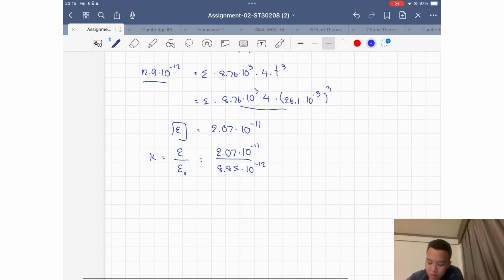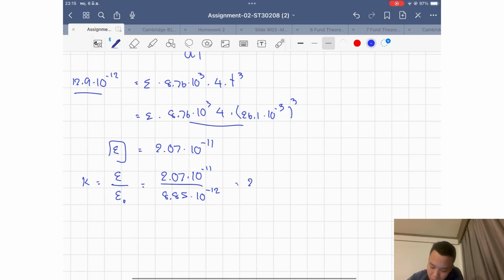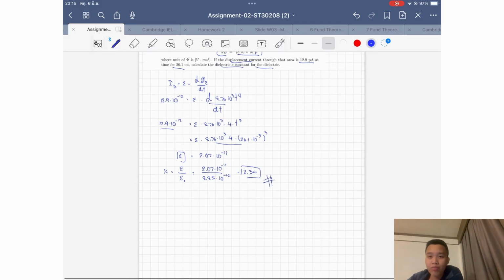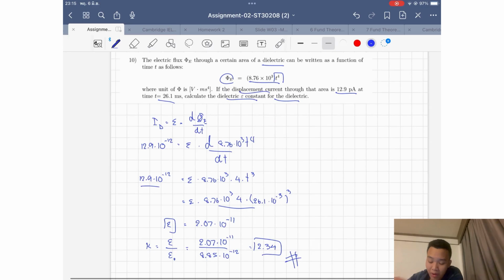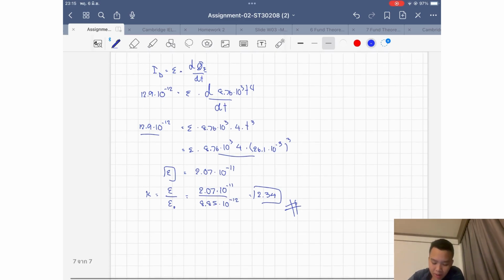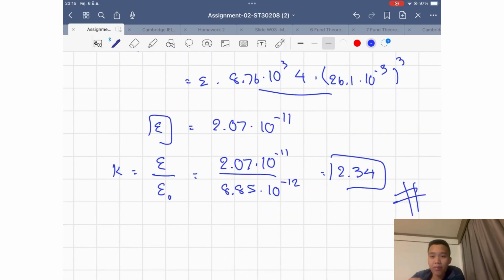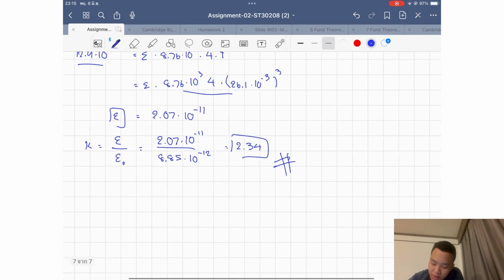So we can calculate the dielectric constant, and it equals 2.34. So basically, in this problem we use the formula of the displacement current, and then simple calculus to find the absolute permittivity epsilon, and then we find the dielectric constant by dividing the absolute permittivity by the vacuum permittivity, and we get the answer.